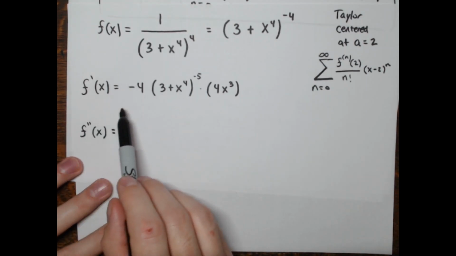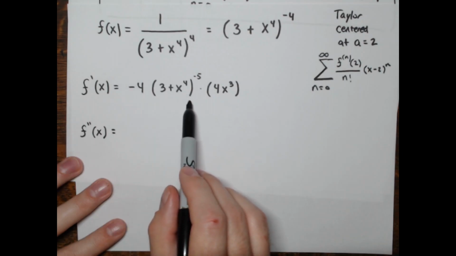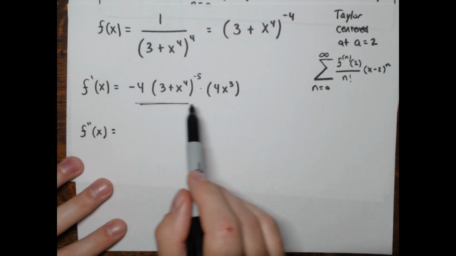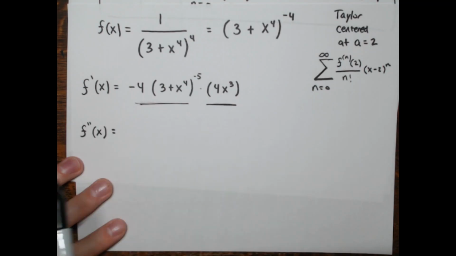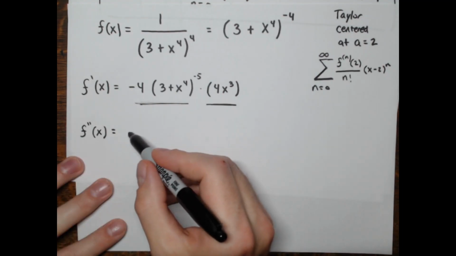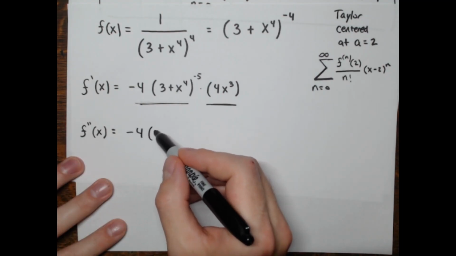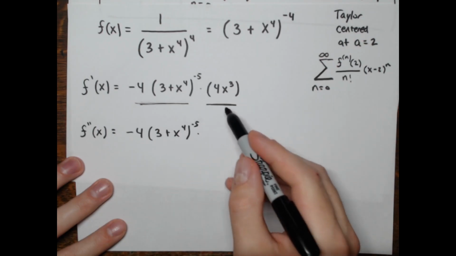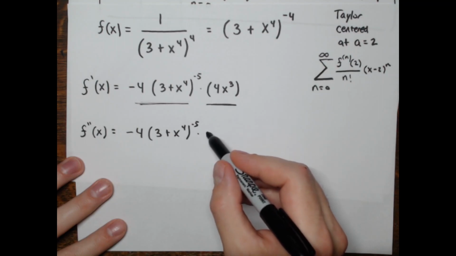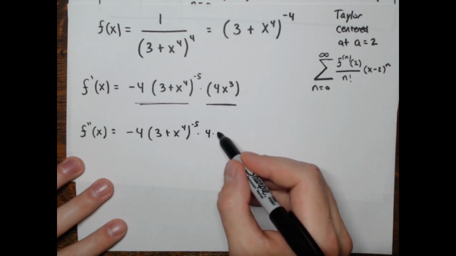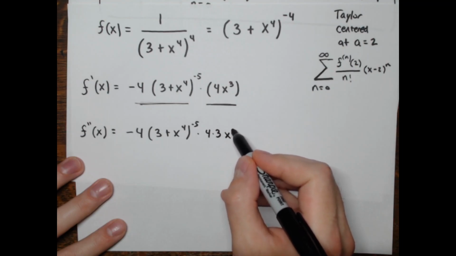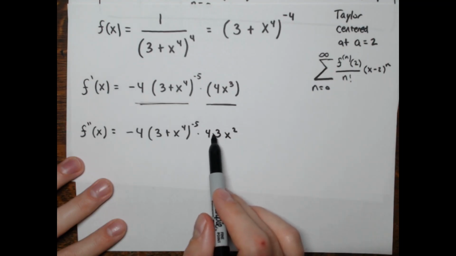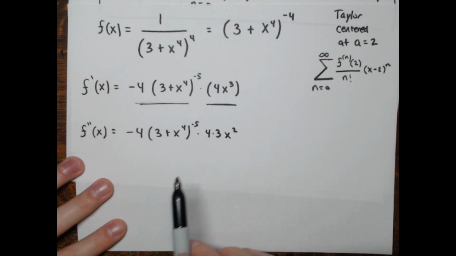So the second derivative here is the product of this times this. So I would have to go through and use the product rule. So that's first times the derivative of the second, which is 4 times 3 times x squared. Right, 4 times 3x squared. I know that's 12x squared, but I'm writing it as 4 times 3 because maybe I'll see something happening here.